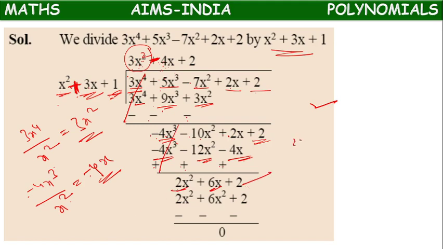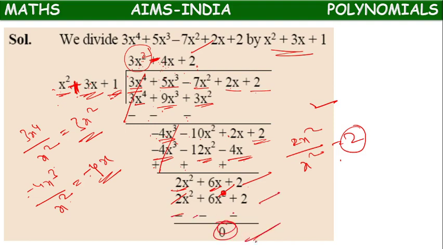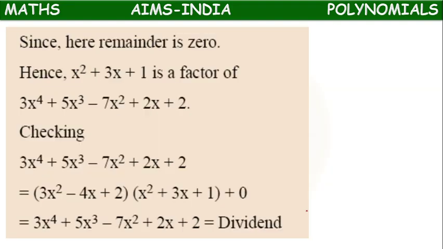Now 2x square by x square. x square cancel, 2. 2 will be the third term. 2 into x square, 2x square. 2 into 3x, 6x. 2 into 2, 2 into 1, 2. So symbols change, minus, minus, minus. Remainder is 0.